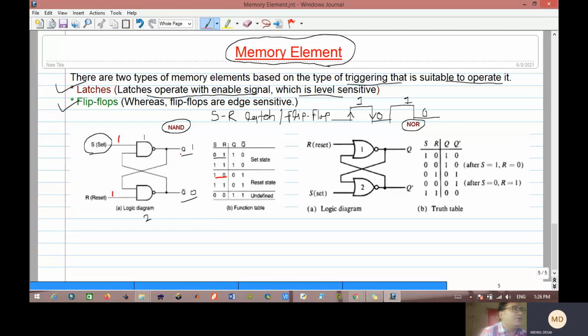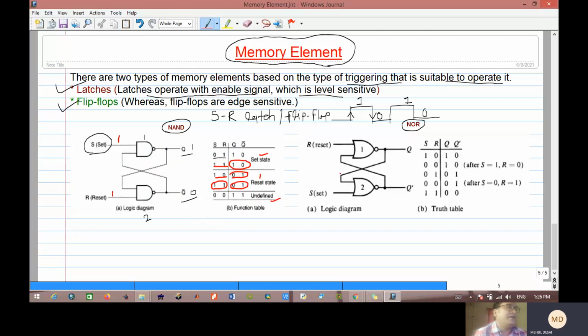We cannot predict the output Q and Q dash from this input alone. The output is nothing but the previous output. If the previous output was 0 1, we get 0 1 again; if it was 1 0, we get 1 0. This one is reset, this one is set, and this state is undefined.